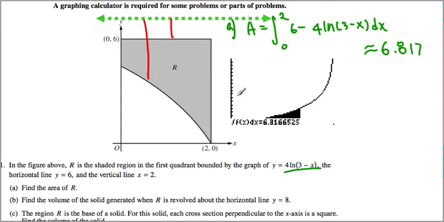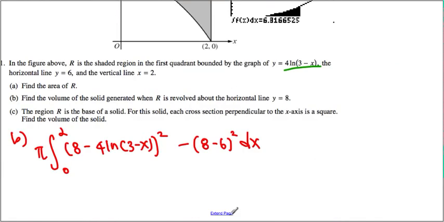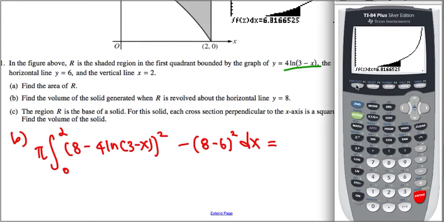Now, in order for us to calculate that, let us use the calculator here. So here it goes. I'm going to multiply by pi at the end. So instead of writing 6, I'm going to just put it as 8.